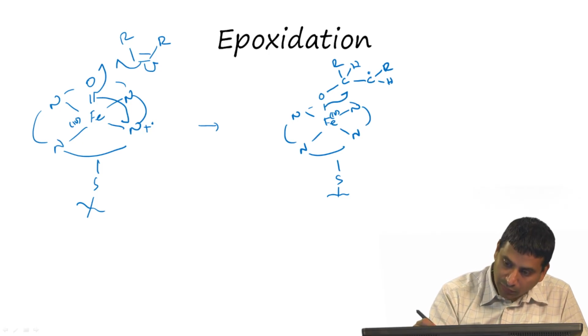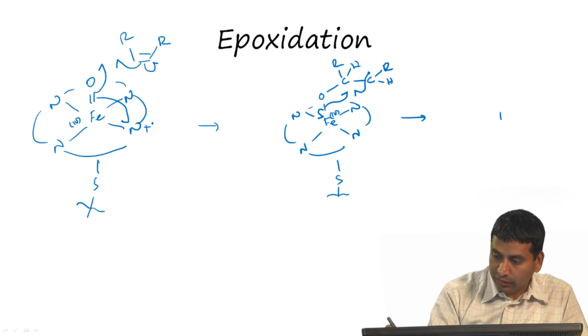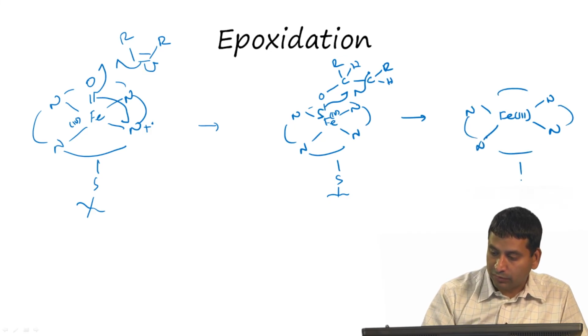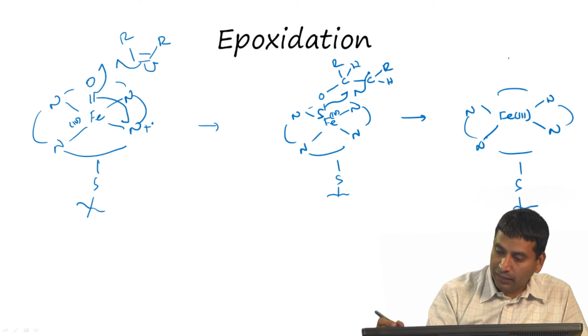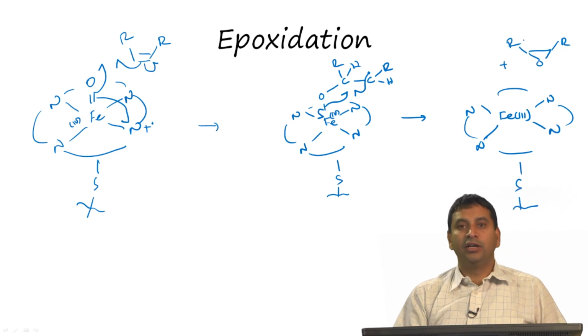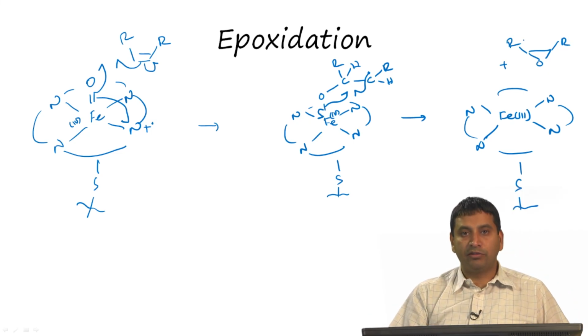This donates one electron, this donates the other electron, and then this goes back here to give you Fe3 porphyrin with the sulfur remaining here, and the product is the epoxide. Okay. So, this is broadly speaking the mechanism by which epoxidation occurs.